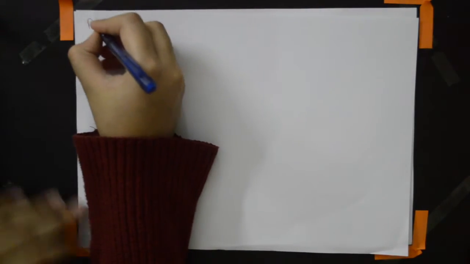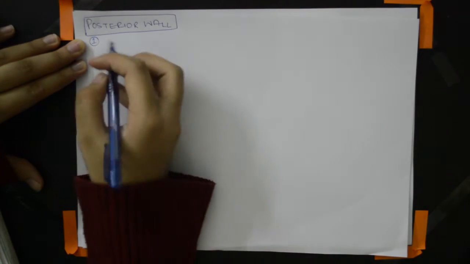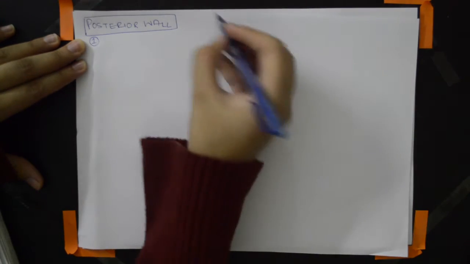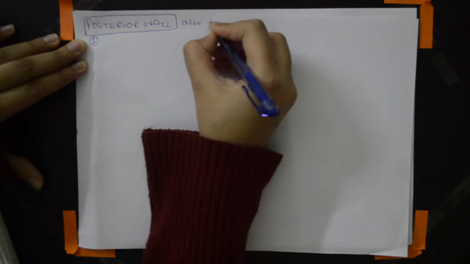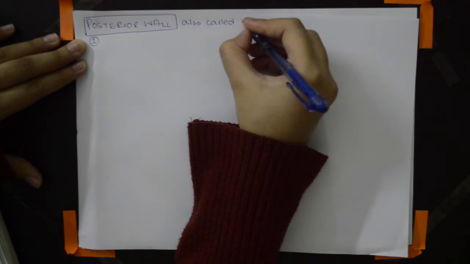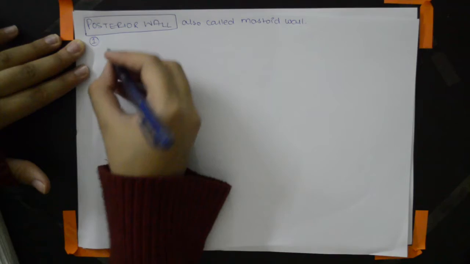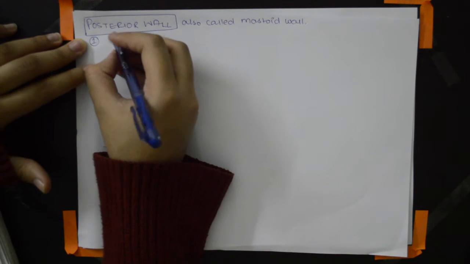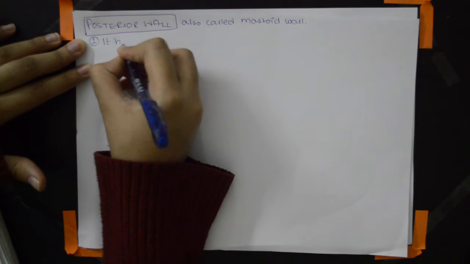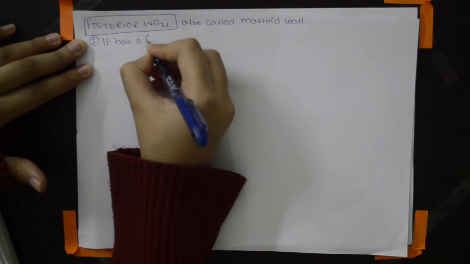Now the posterior wall, the posterior wall is also called mastoid wall. The two things that you need to know about this wall is that it has a facial canal.